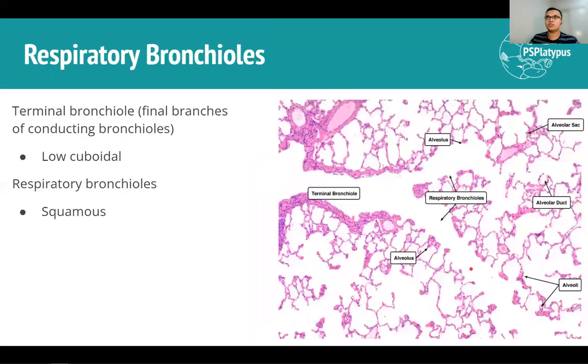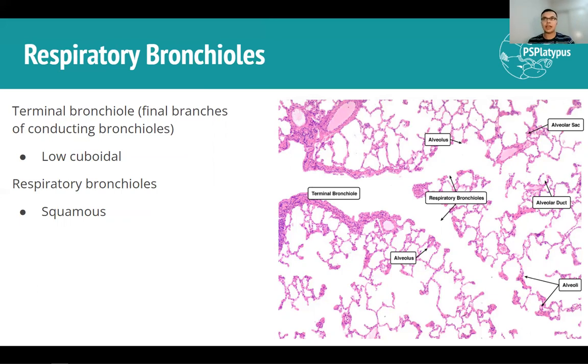Let's move on to the respiratory bronchioles. Before that, we can have a look at the terminal bronchioles. They're called terminal bronchioles because they form the very end of the conducting system, the conducting zone. They're the final branches of our conducting bronchioles. And again, they've still got the cuboidal cell type, so low cuboidal. If you remember, we started off pseudostratified all the way in the trachea, and then as we moved down, we went to cuboidal.